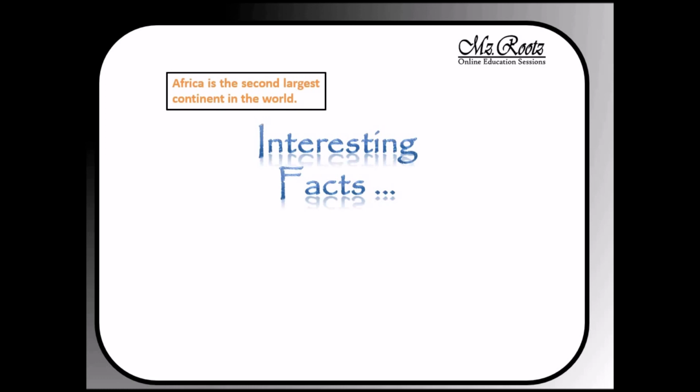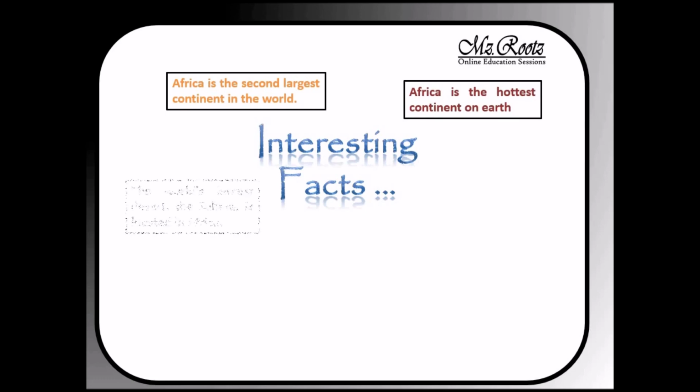Let's take a look at a second fact. Africa is the hottest continent on Earth. Yes. Why is that? Is it got anything to do with the equator? The world's largest desert, the Sahara, is located in Africa.